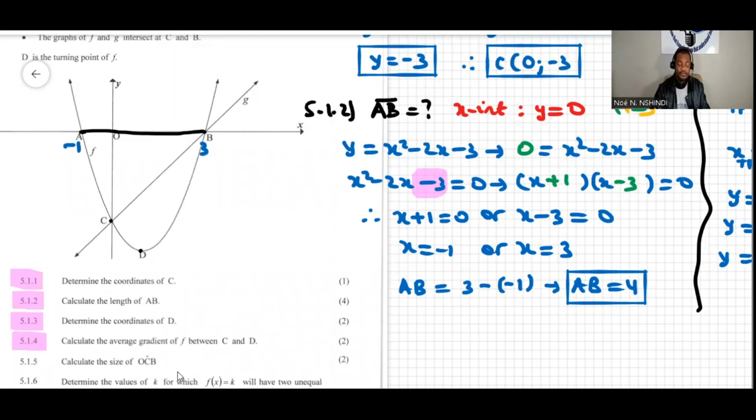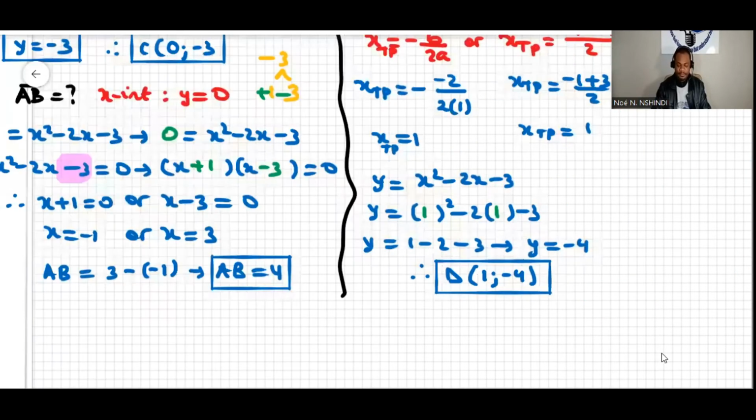So if we want to find the average gradient, it means the gradient between the points C and D on f, as if it was a straight line. That's the average gradient. So now let's do it.